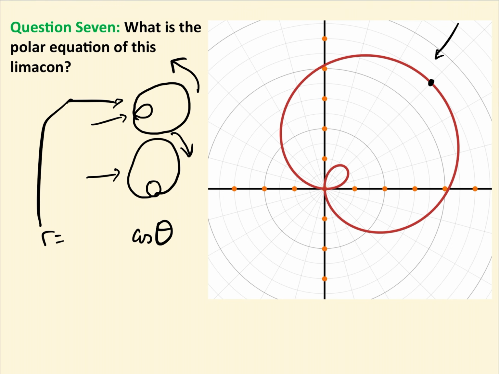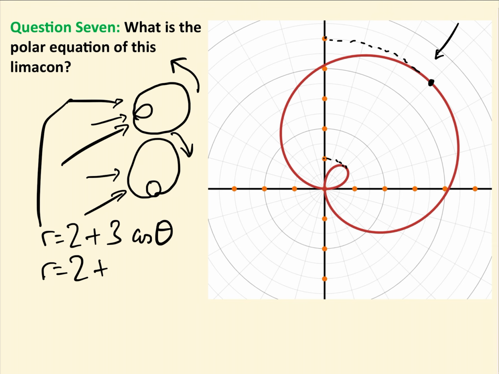The maximum is this, which if we go around this circle here is 5, and the minimum is this one, which if we go around the circle is 1, and so we would know that r for this one, the unrotated limacon, is going to be 2 plus 3 cos theta, or alternatively, if we look at that one, then it's going to be r equals 2 plus 3 sine theta. But of course, this one and this one both need to be rotated. That one would need to be rotated anti-clockwise, and that one would need to be rotated clockwise in order to get this. So there are actually 2 answers here.